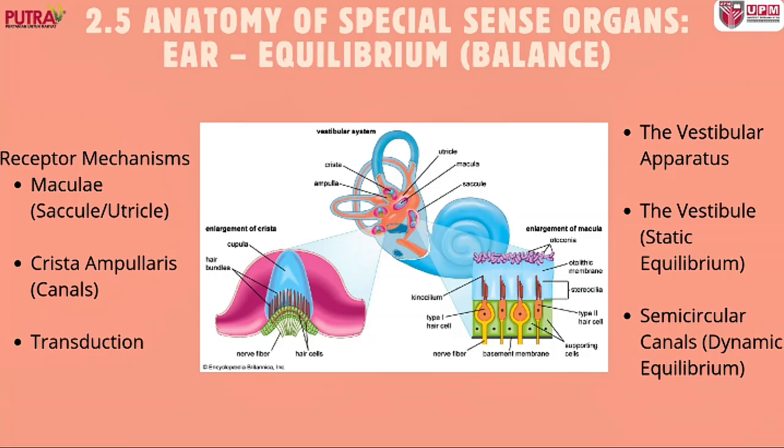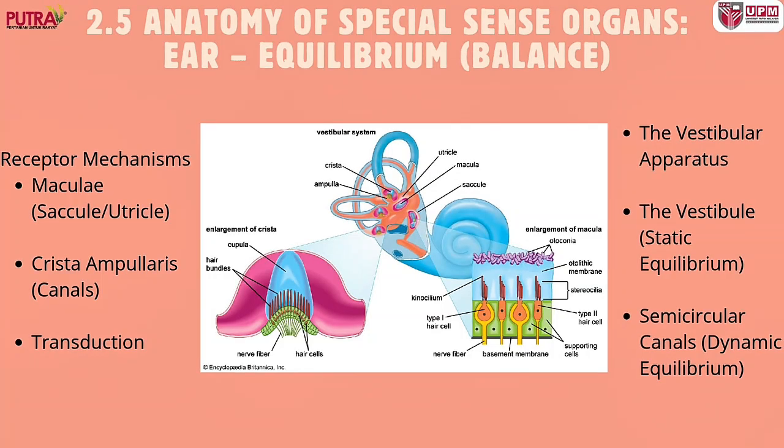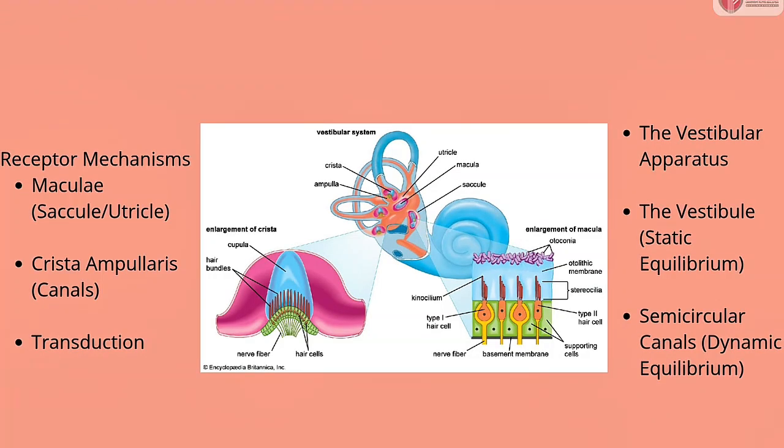Dynamic equilibrium, which tracks head rotation, is monitored by the three semicircular canals. When your head rotates, fluid inside these canals pushes against the gelatinous cap called the cupula, which sits inside the specialized swelling, the ampulla. Bending this cupula stimulates underlying hair cells, sending immediate spatial orientation signals down the vestibular nerve of cranial nerve 8 to help the body maintain its balance.